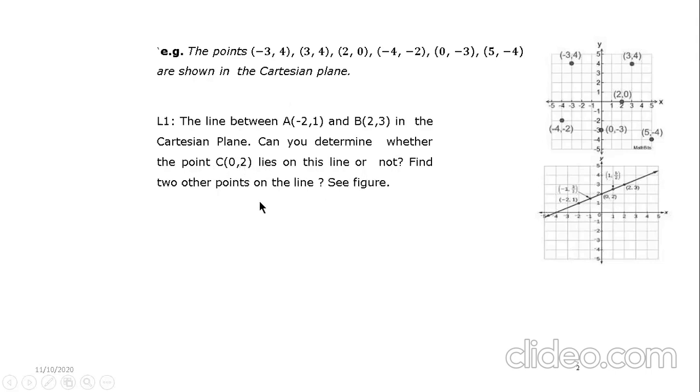Find two other points on the line. See the figure. You move 0 units on the x-axis and 2 on the y-axis, so you get this point which is on the line. Any other points, you can move on the x-axis and on the y-axis and know the value of the point.